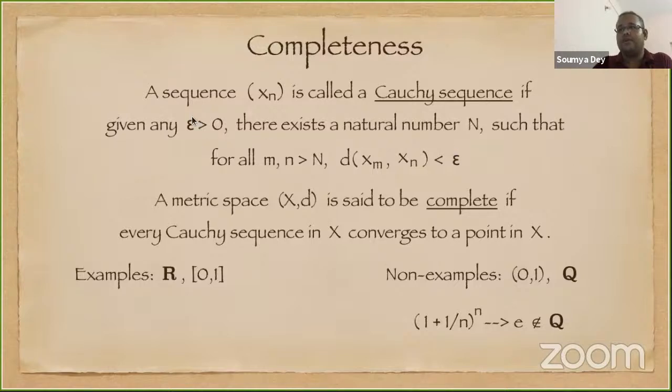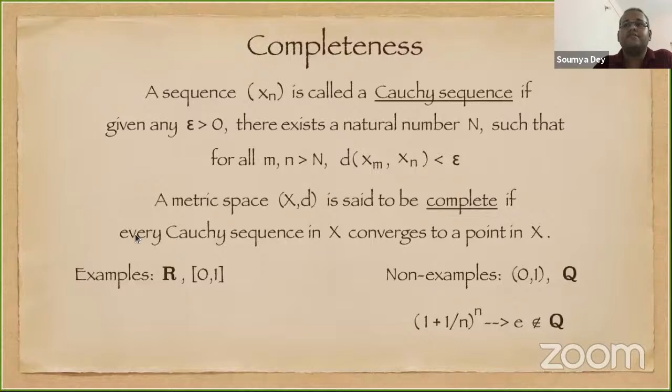So eventually the terms are very close to each other. A metric space (X, d) is said to be complete if every Cauchy sequence in X converges to a point in X. So you take any Cauchy sequence, it should converge to some point. In that case, we say that this metric space is complete.